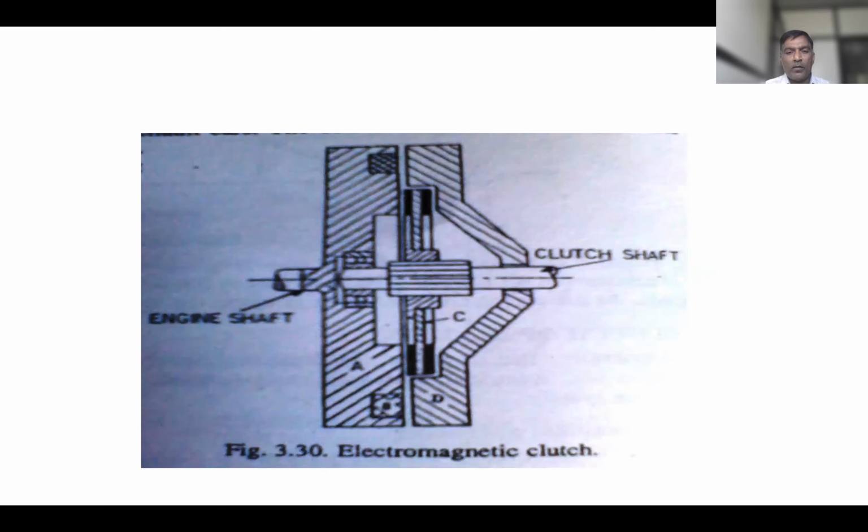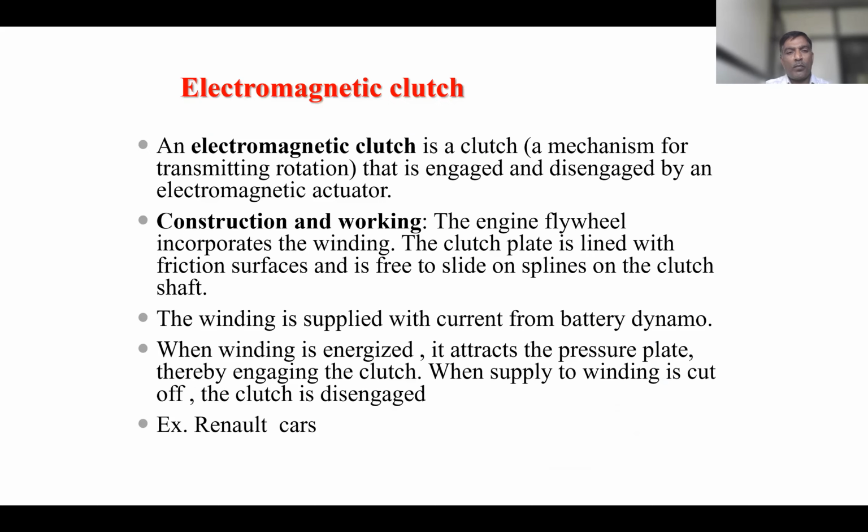Again, three components as usual. First one is the flywheel, second one is the clutch plate, and third one is the pressure plate. The electromagnetic clutch is a clutch or a mechanism for transmitting rotation or torque that is engaged or disengaged by an electromagnetic actuator.